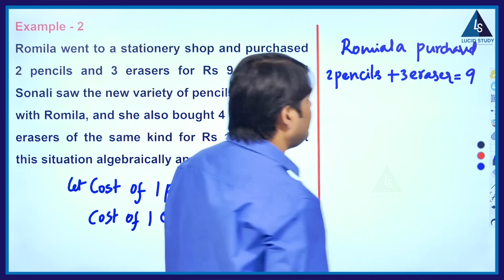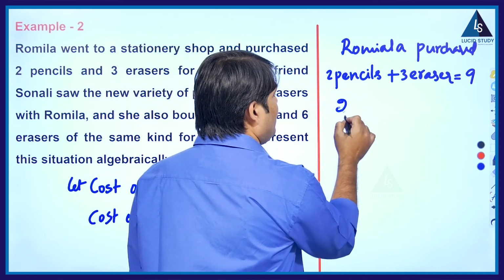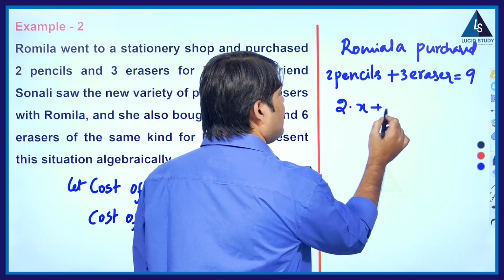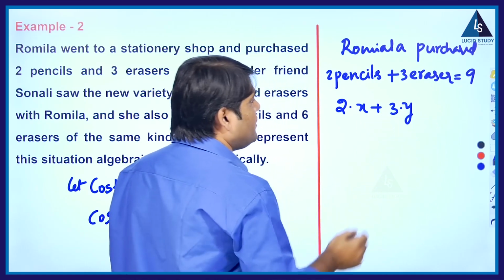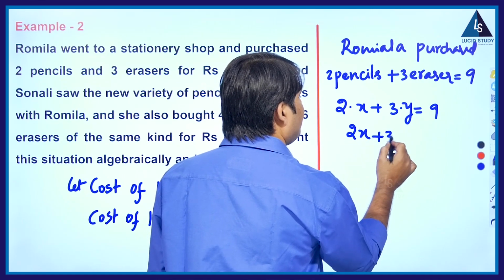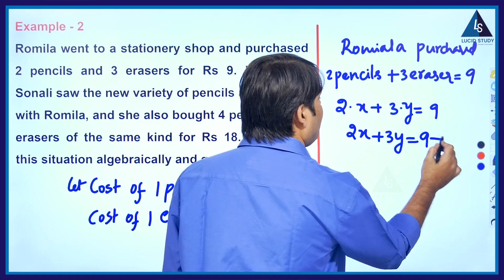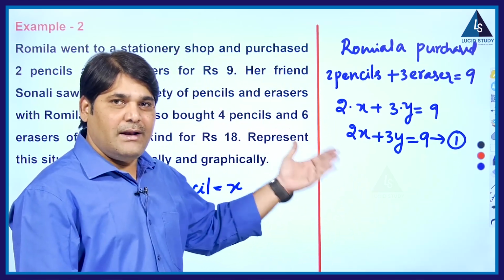That is rupees 9. But what is the cost of each pencil? We assumed x. So the cost of 2 pencils will be 2 into x, and 3 into each eraser cost, which we assumed y, so 3 into y, is equal to 9. So 2x plus 3y is equal to 9. This is your first situation converted into a linear equation.